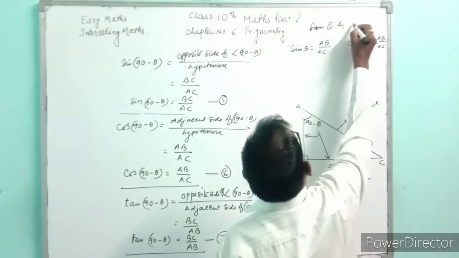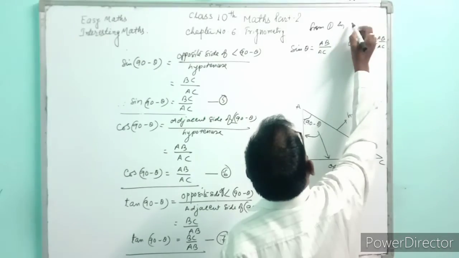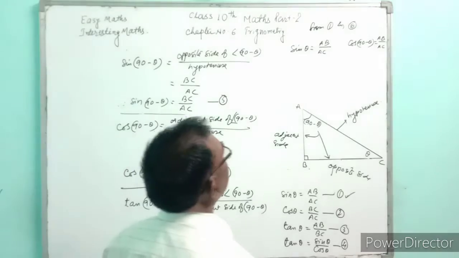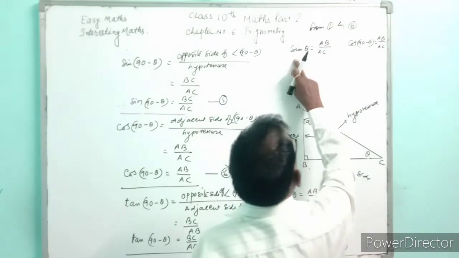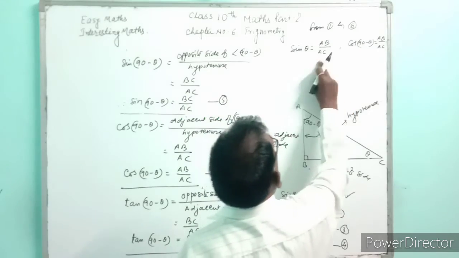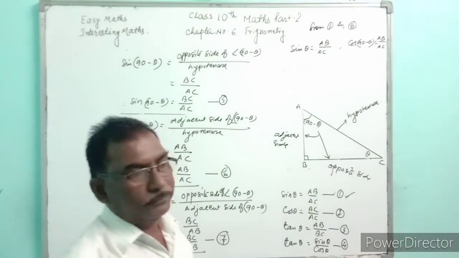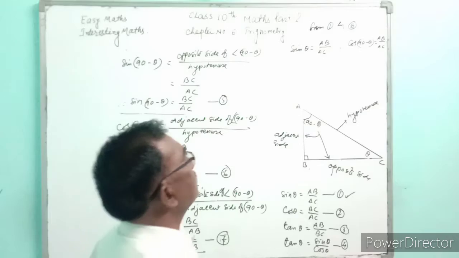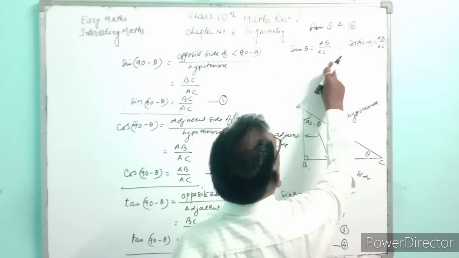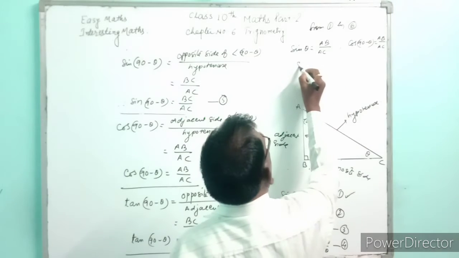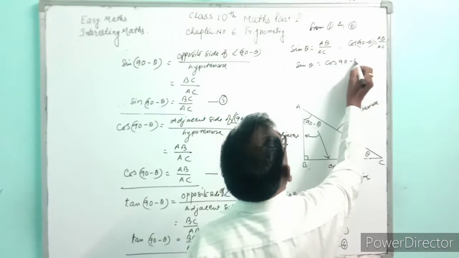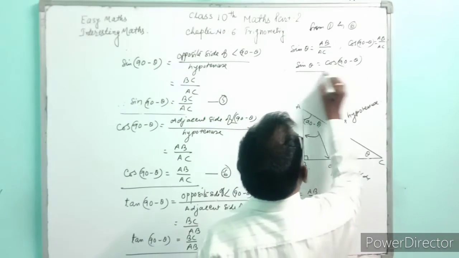Therefore, these right hand sides are equal, AB by AC, AB by AC.